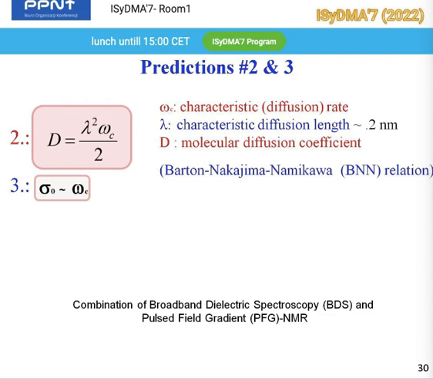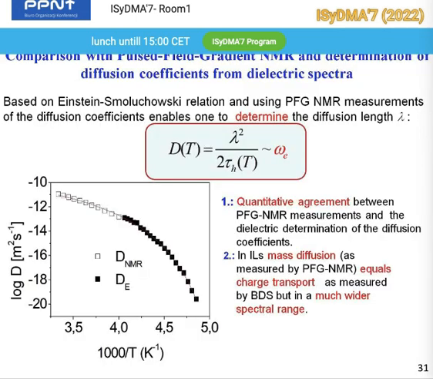And now I will switch over to prediction number 2. In order to check this, we have to combine diffusion measurements by NMR, which can only be realized with pulsed field gradient NMR, and dielectric spectroscopy. The measurement is shown in here. This is the diffusion rate versus inverse temperature, and the open symbols describe the NMR measurements, where we measure the mass diffusion coefficient.